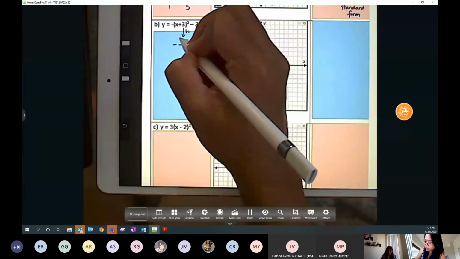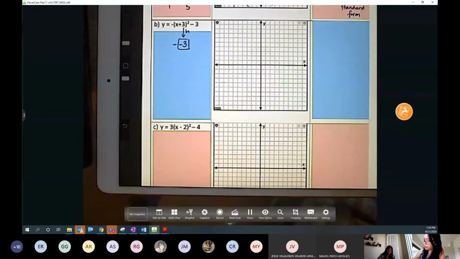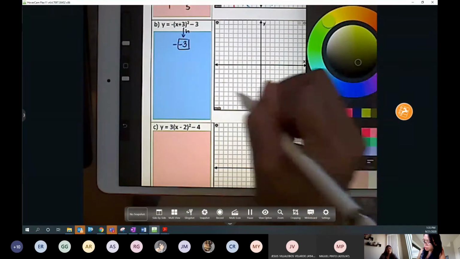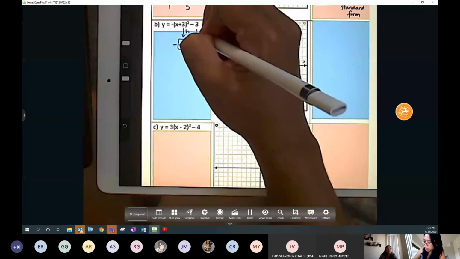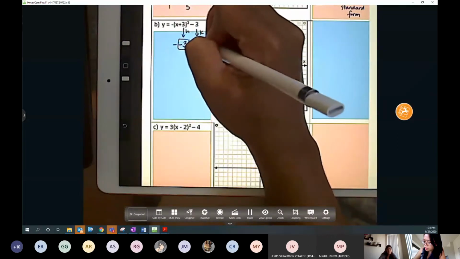Okay, so our first h would be a -3, and then the k would be -3.